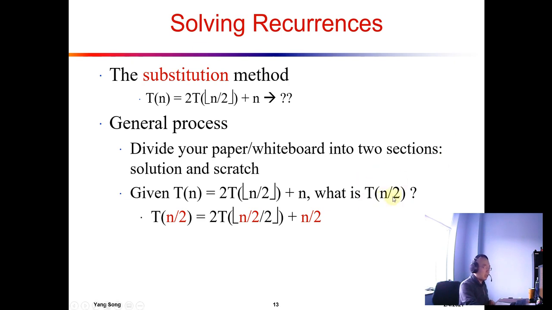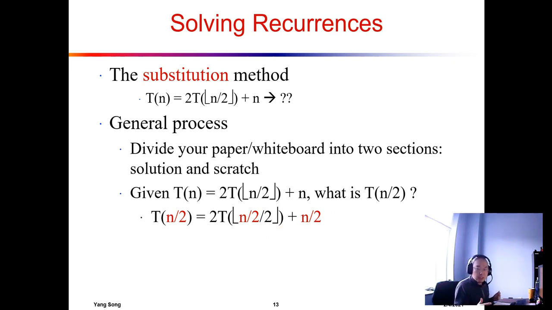If we plug in n divided by 2 into here, we should replace this n, this n and this n by n divided by 2, and we will have this. So this is T(n/2).